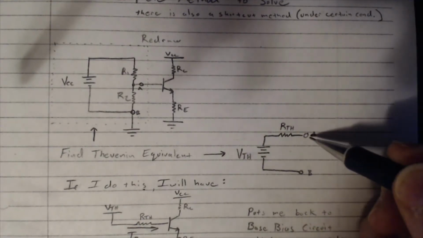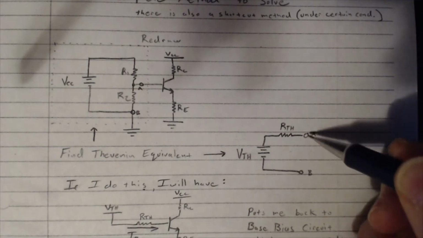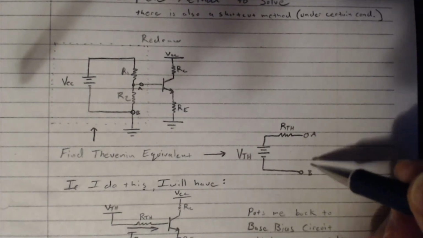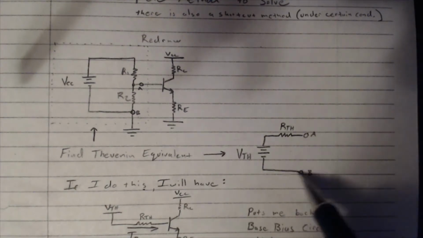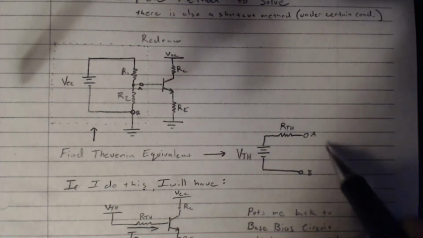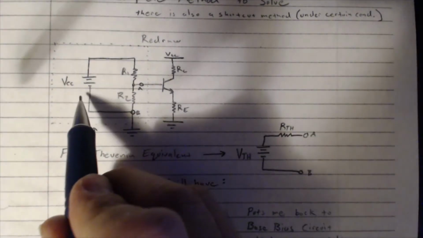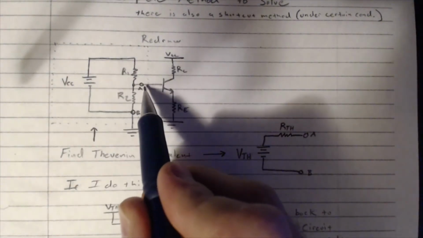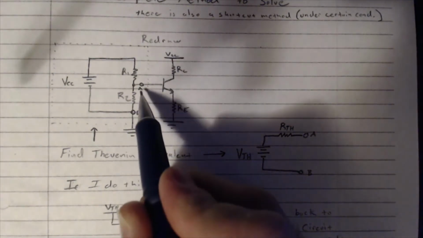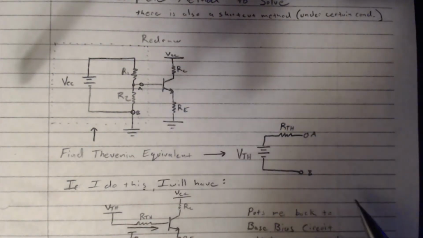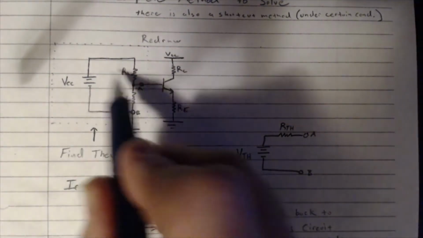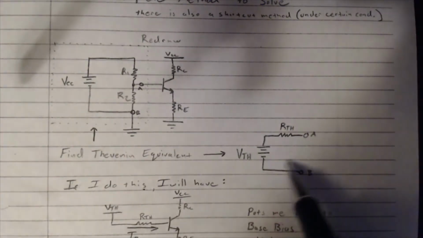And also remember, we always have to Thevenize a circuit from two points. So the perspective is that this circuit will behave in every shape, way, and form like this circuit from points A and B. So all we've got to do is turn this into this.